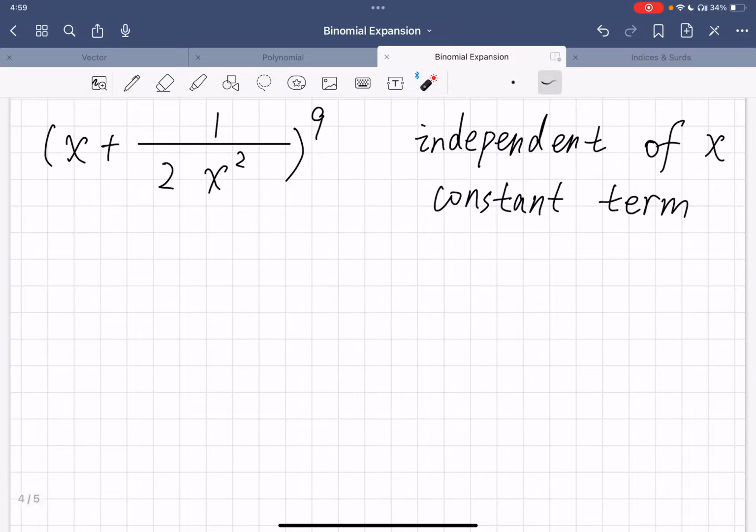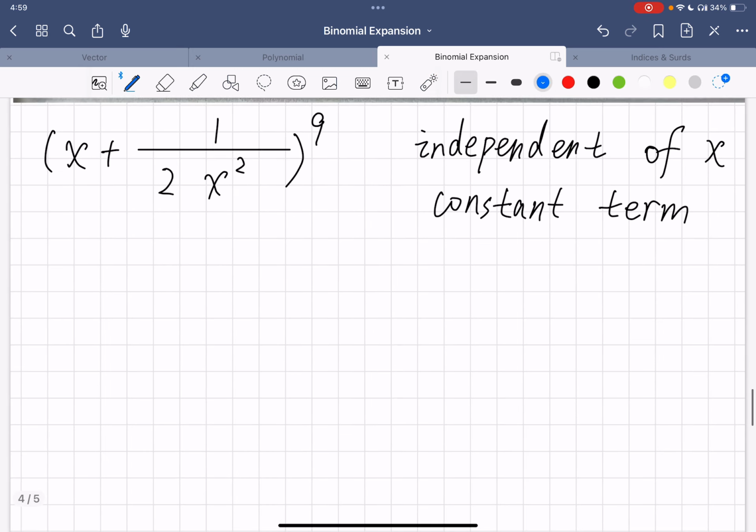All right, let's find out. So for this one, let's solve it together. You can pause the video if you want to solve it on your own.